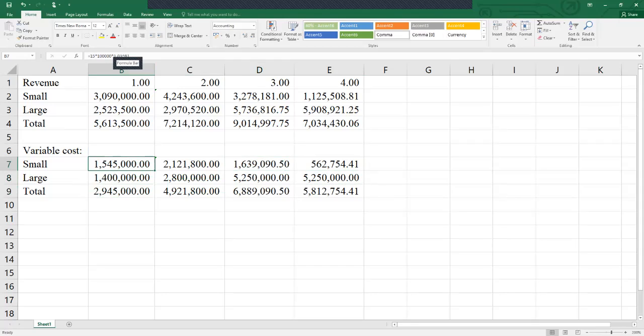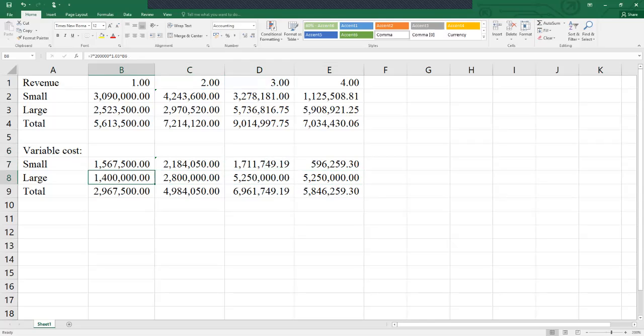Then I need to adjust that 4.5%. So adjust 4.5. Year 2, 4.5, same thing. Year 3, 4.5 also. The same applies in year 4, from 3 to 4.5%.